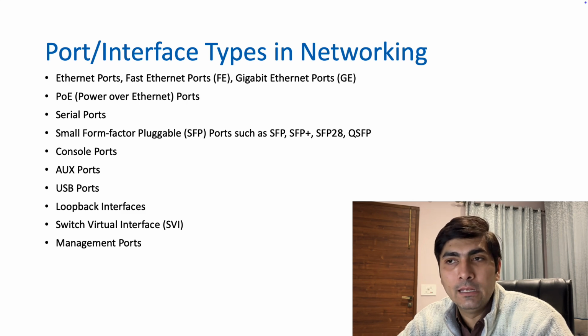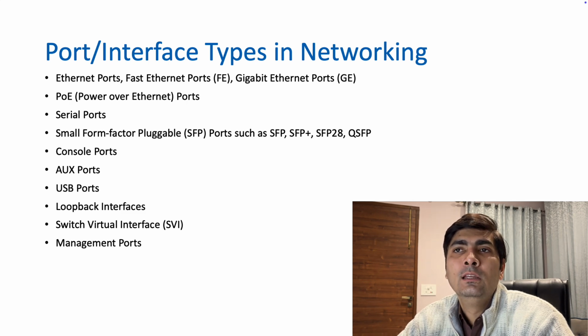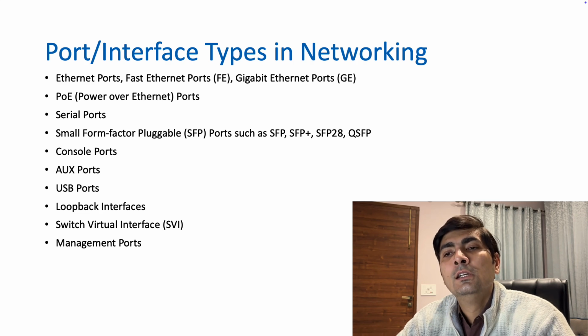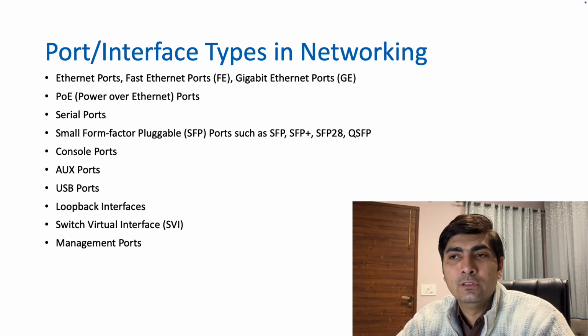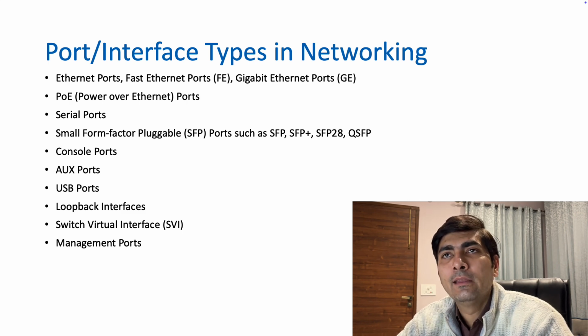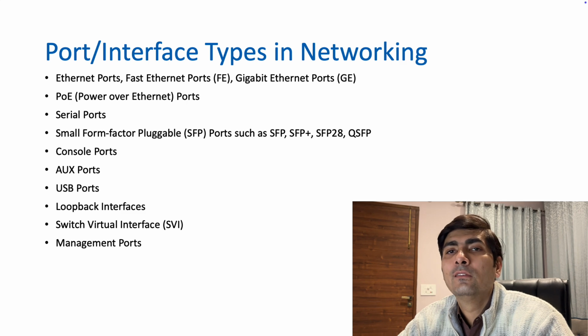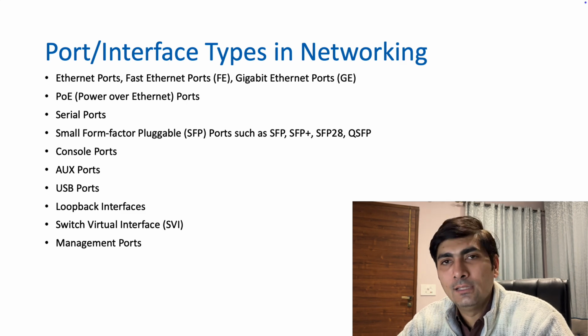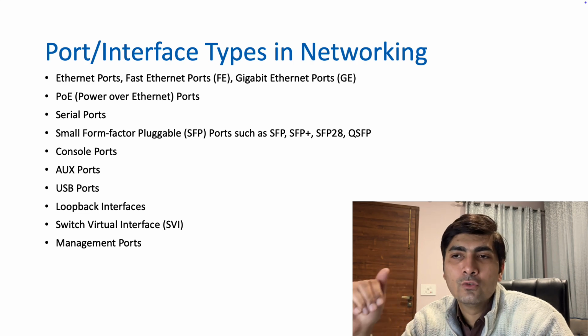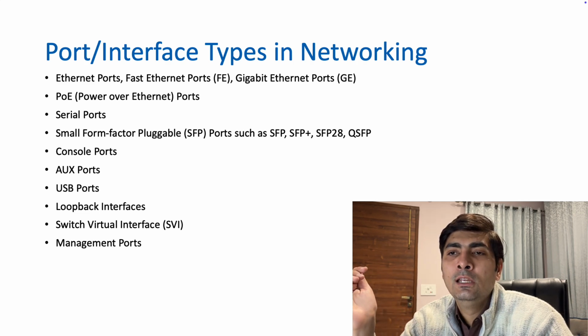You created many VLANs, let's say VLAN 30, 25, 50, and for each of these VLANs you want to create gateways. The virtual gateways are known as switched virtual interfaces. It will not be mentioned as SVI once you run the command; it will be like interface VLAN 30, interface VLAN 35, whatever. That capability is known as SVI, meaning you are virtually creating the interfaces on the device.